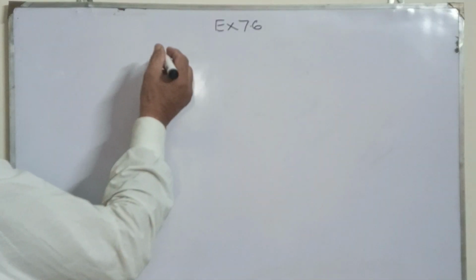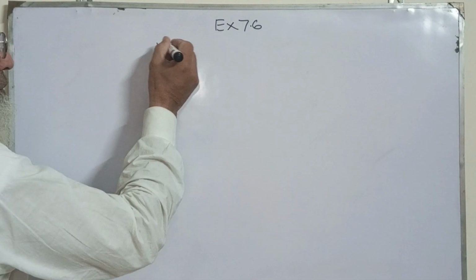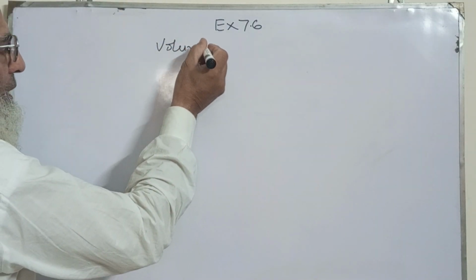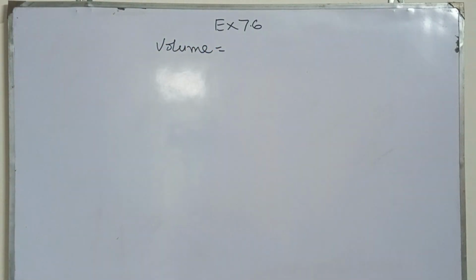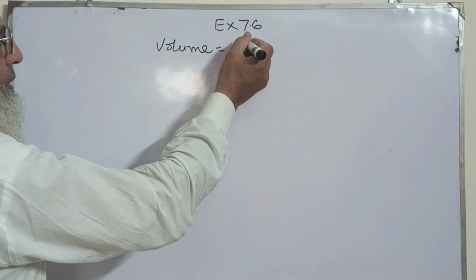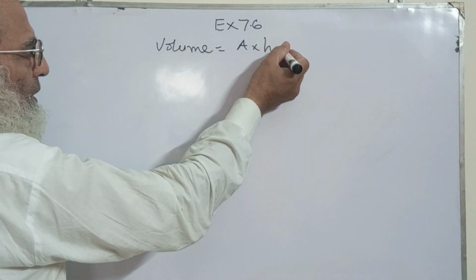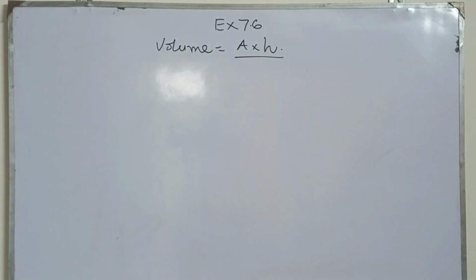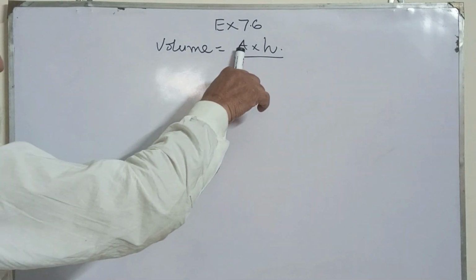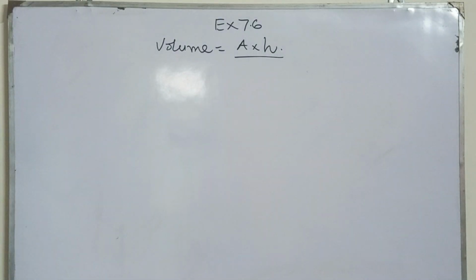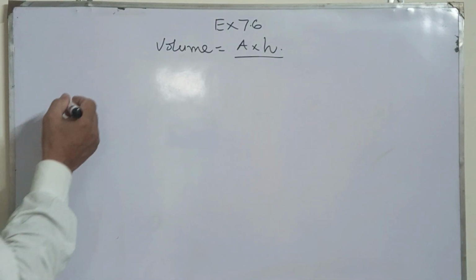Now, what is volume? I think I did one or two questions in the previous exercise: A into H. This is the total volume, where A stands for area and H stands for its height.